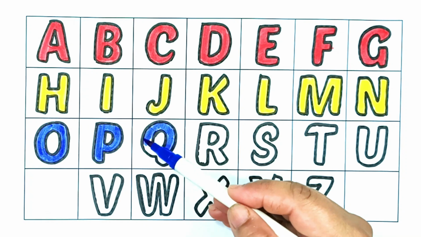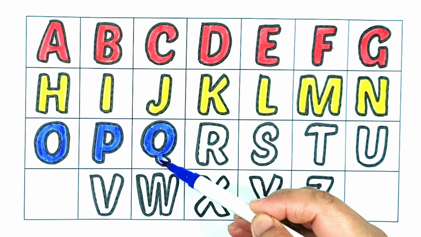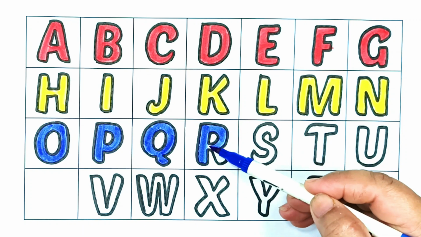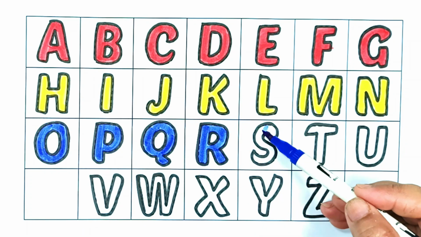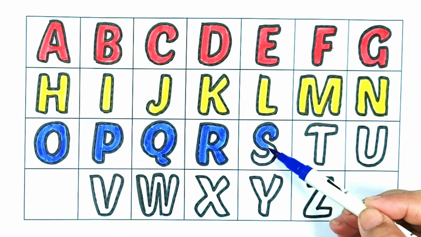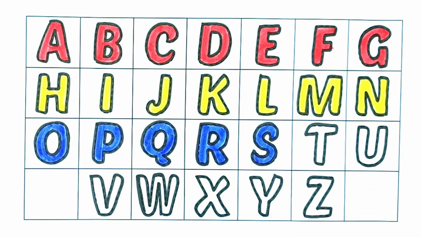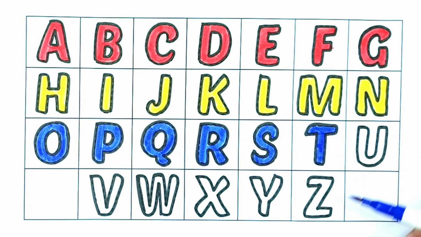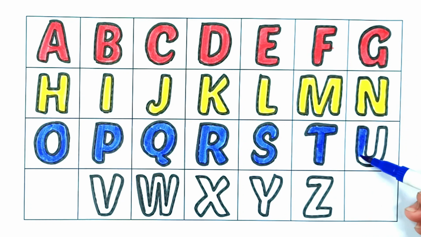Q for queen. Q for queen. R for ring. R for ring. S for star. S for star. T for train. T for train. U for umbrella. U for umbrella.